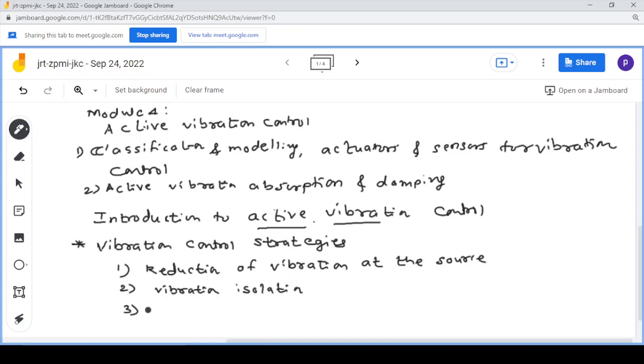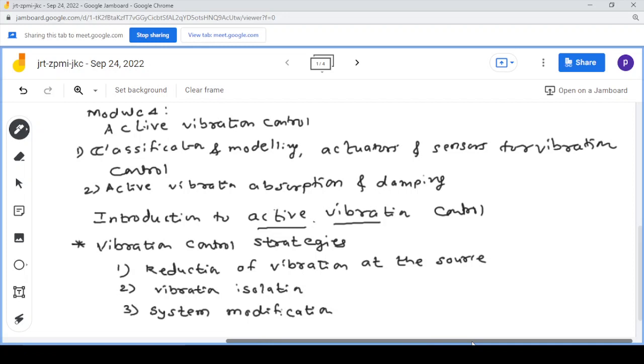Third is system modification. Right? Now all these techniques are passive techniques, right? Now, going into detail, what do these techniques indicate? Or what do you mean by the source modification?